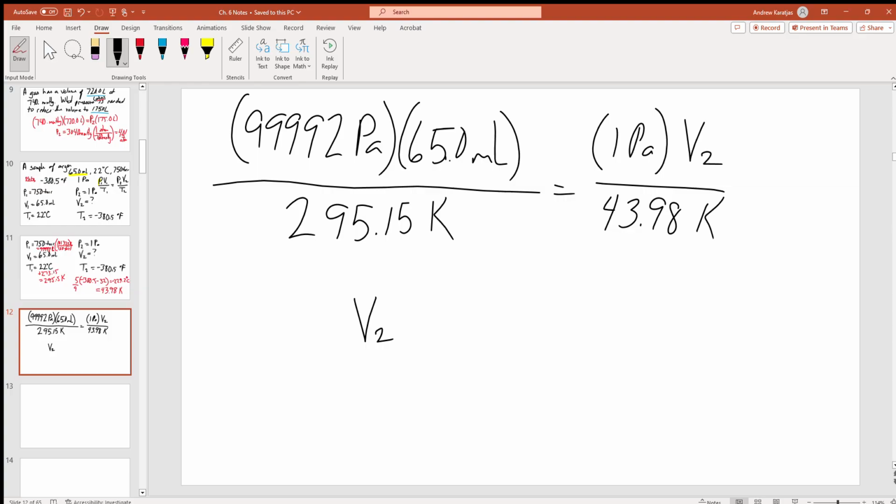That means the pressure is probably going to be the more important change here. And that's what we find when we do this calculation. Our initial volume of 65 milliliters under these different conditions has become 970,000 milliliters.